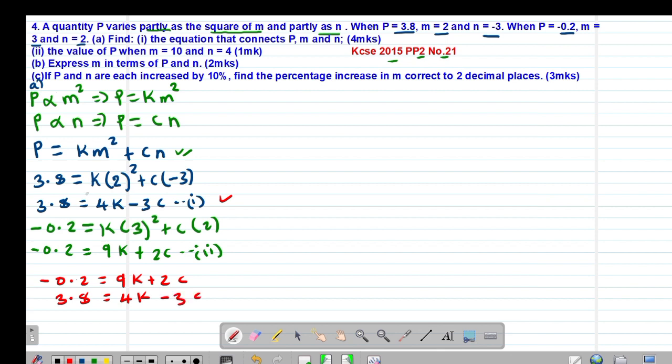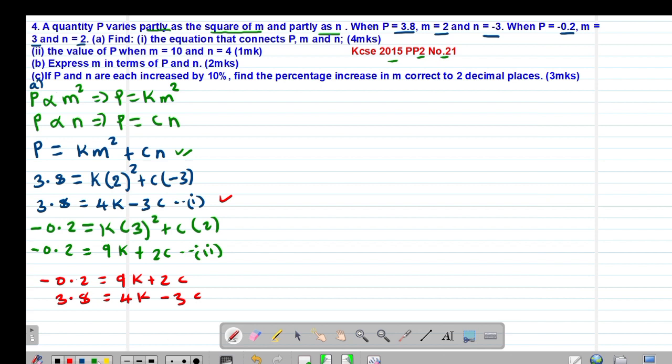So the second equation was negative 0.2 is equals to 9K plus 2C. Then the other one is 3.8 is equals to 4K minus 3C.